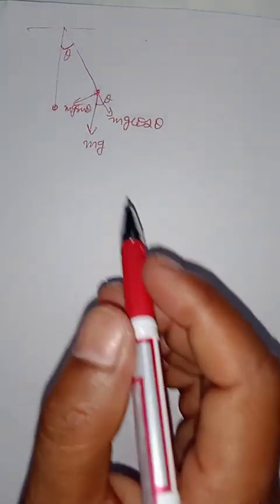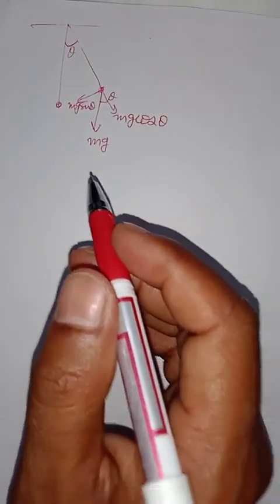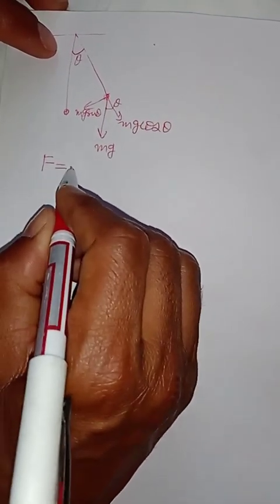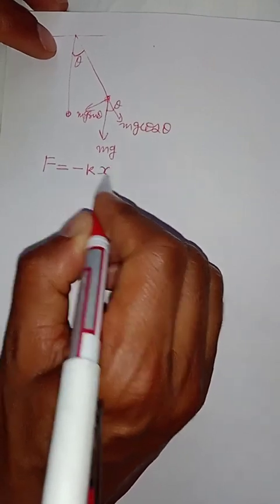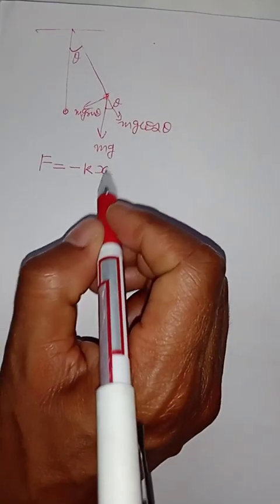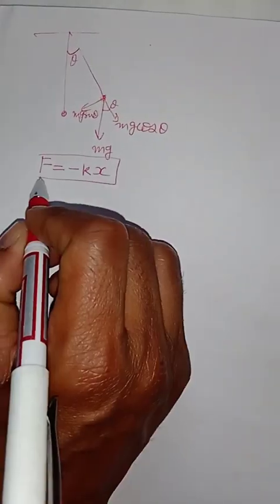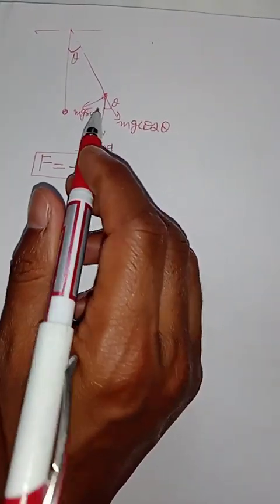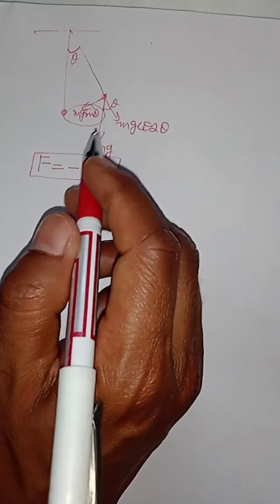And okay, I haven't told you the origin of SHM. So for SHM, F equal to minus k x or y, whatever, some displacement is there. So this is called restoring force. So restoring force is required. Okay, so here this mg sin theta acts as restoring force.